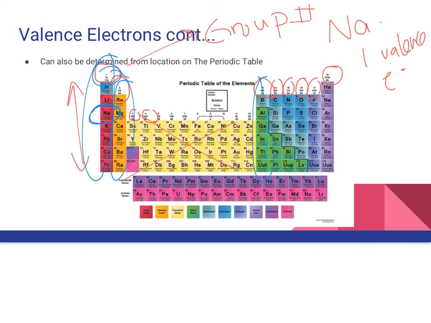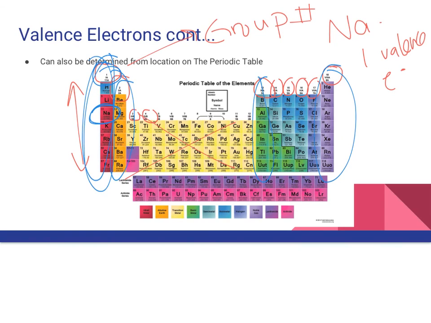Everything in group 3 will have 3, etc., all the way up until group 8. The group number for an atom and the valence electrons are always going to be the same. And this explains why elements in the same column have the same properties. Everything in this first column has similar chemical properties because they have the same number of valence electrons.